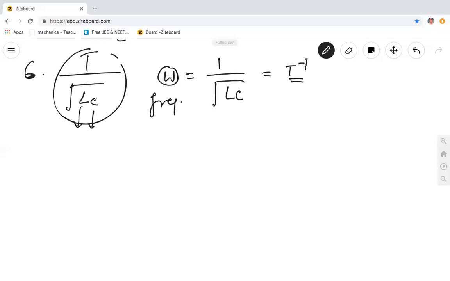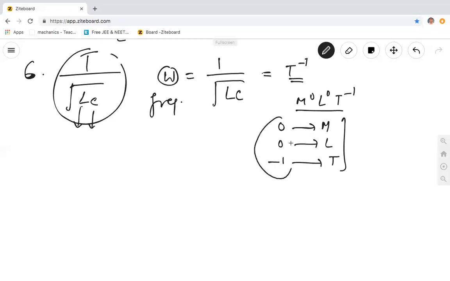That is the answer, the dimensional formula. It is M0 L0 T minus 1, you can write. It is 0 in M dimension, 0 in L dimension, and minus 1 in T dimension. These are the dimensions in M, L, and T. Okay, if you remember that equation, voltage potential difference is equal to L di by dt.